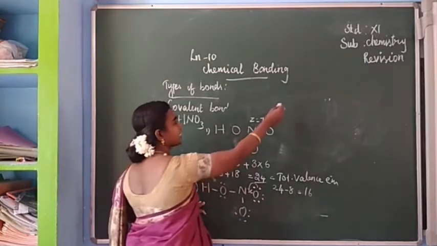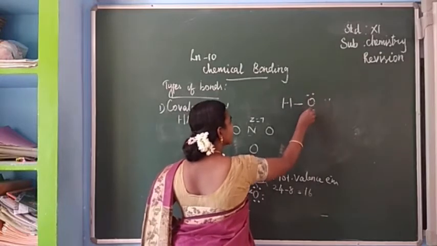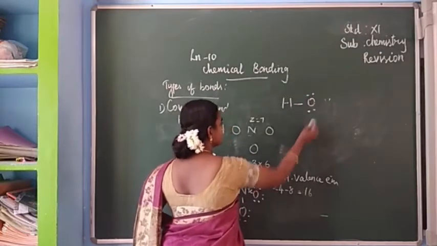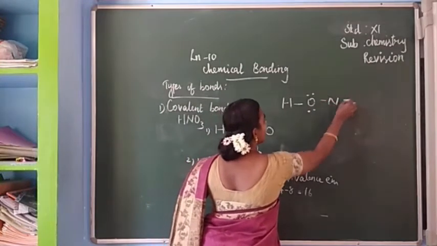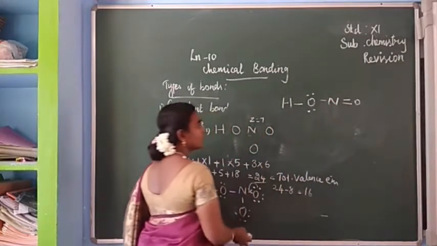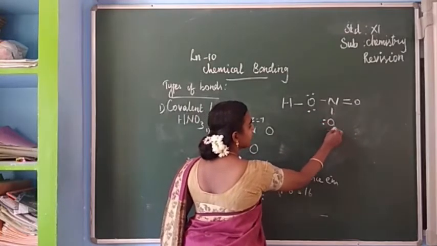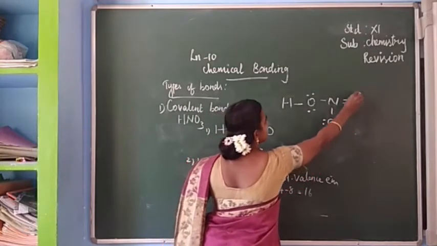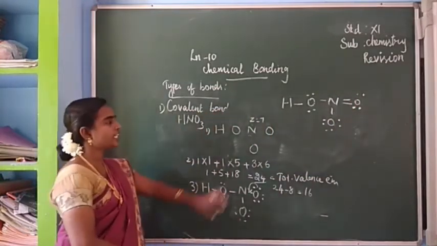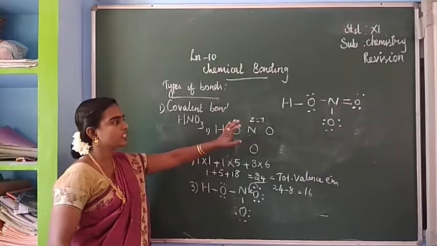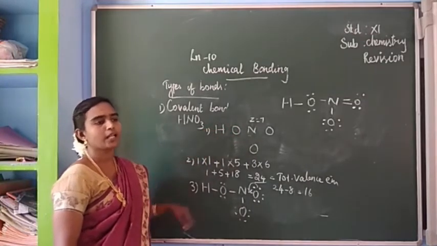That's how nitric acid gets the structure HO, N double bond O, and here also one O. It carries 8 dots, here 4. Is it clear? So this is the final structure, the Lewis dot structure for representation of covalent bonds.